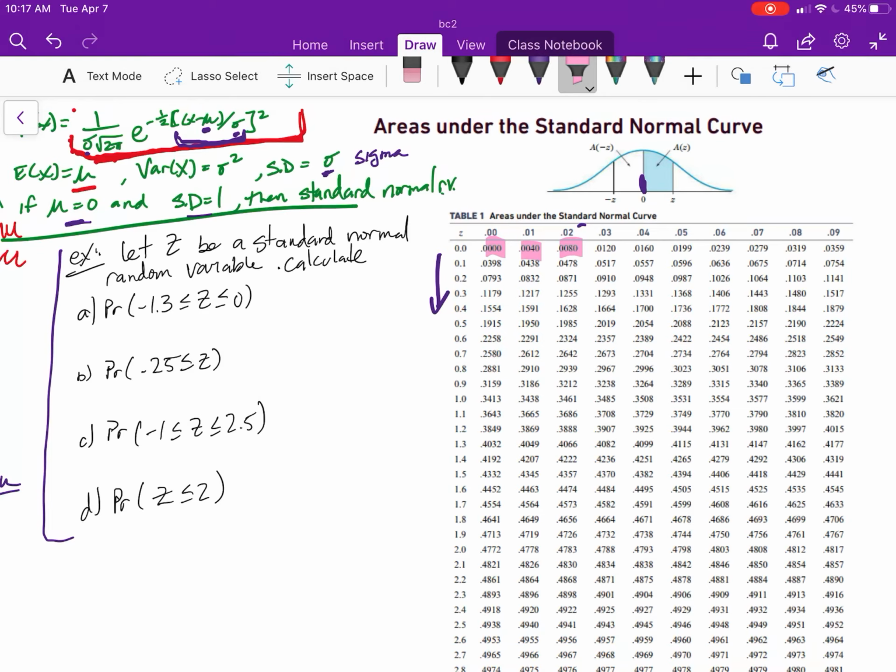However, we know that it's symmetric. So, if I had example A here, if I had probability of 0 to 1.3, that's equivalent to negative 1.3 to 0.